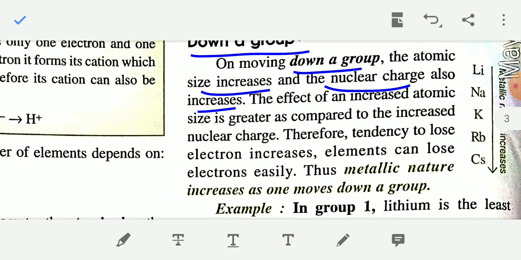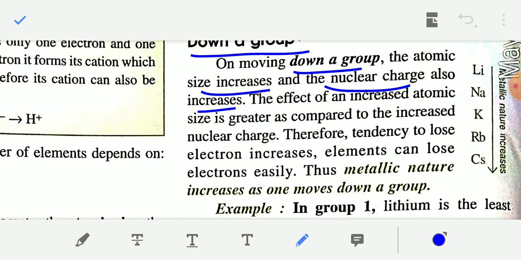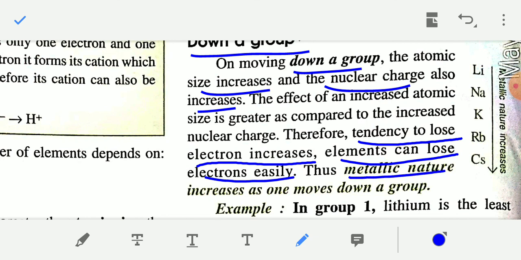Therefore the tendency to lose electrons increases down a group, because atomic size increases, and elements can lose electrons easily. So metallic character or metallic nature increases as one moves down a group.